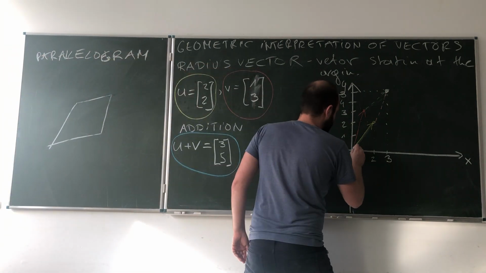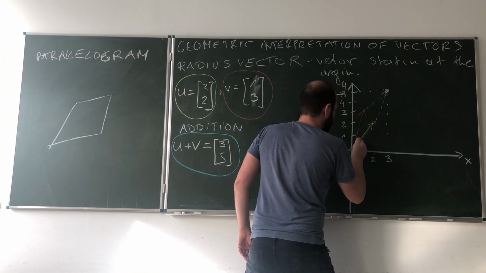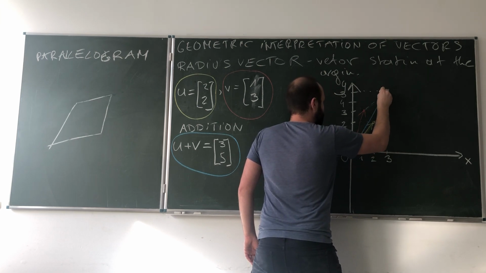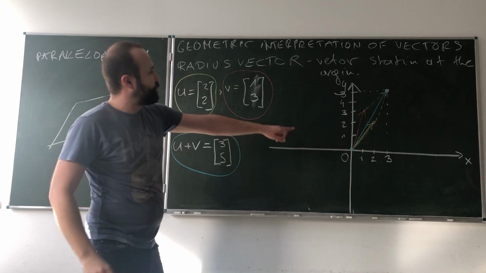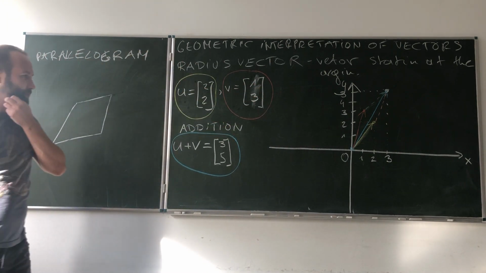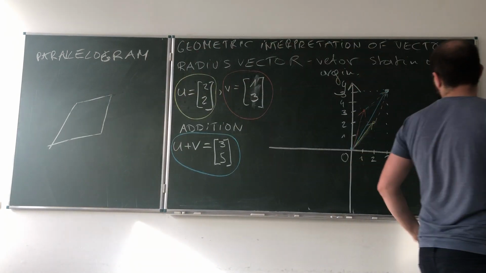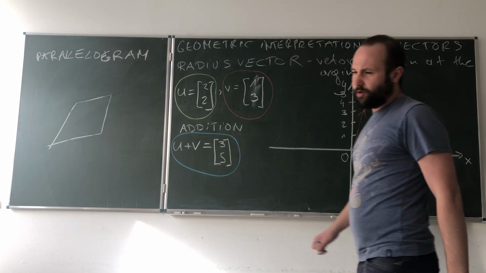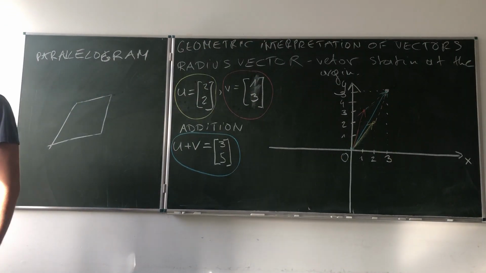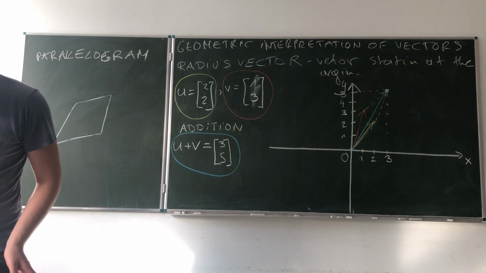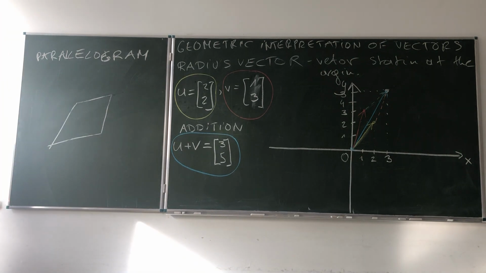Okay, so the new vector will be starting at the origin and ending up at point 3, 5. Okay, I hope you've seen it already somewhere in high school, and I don't think this is a very problematic thing. So let's move on to the next operation.